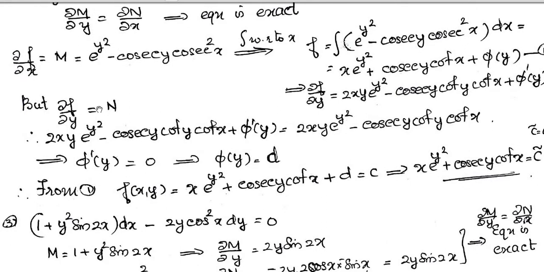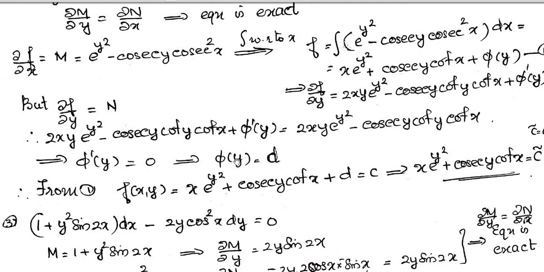Equating both the terms, we get 2xy e raised to y square minus cosec y cot x plus phi dash y equal to N. N is from our question, so N is this one. So we get phi dash y as 0, and we need phi of y.